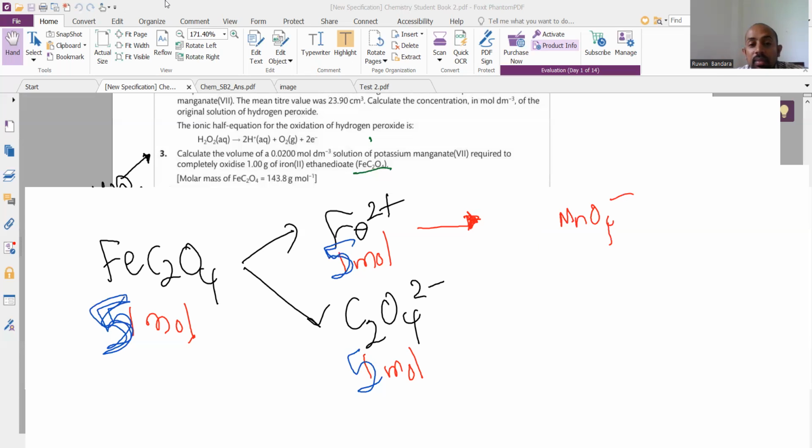At least you can use the raised hand option, right? To react with 5 moles of C2O4 2 minus, as I told you earlier, you need 2 moles of MnO4 minus.